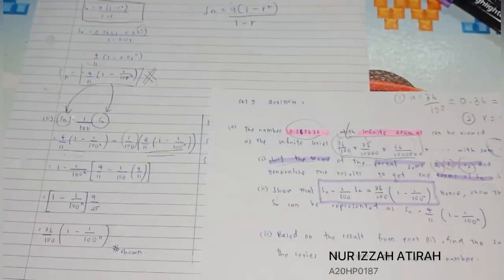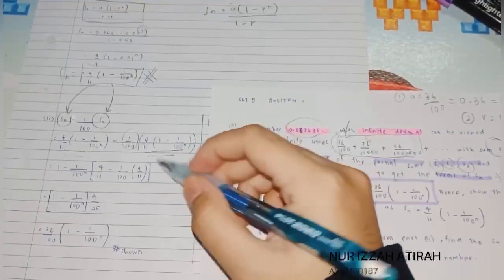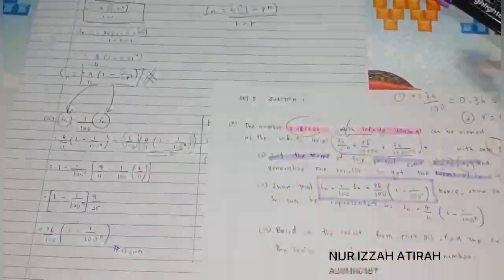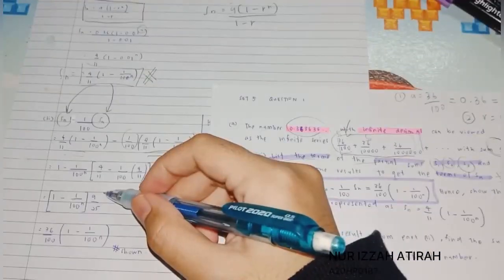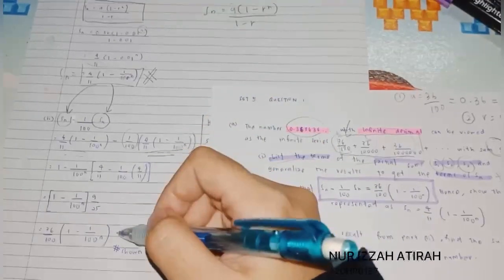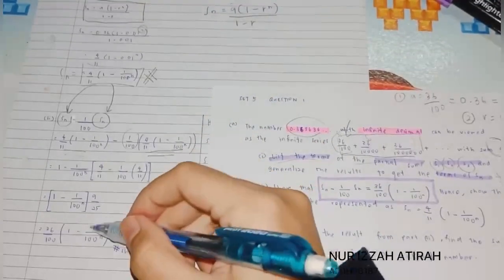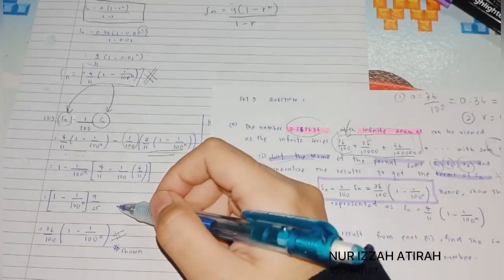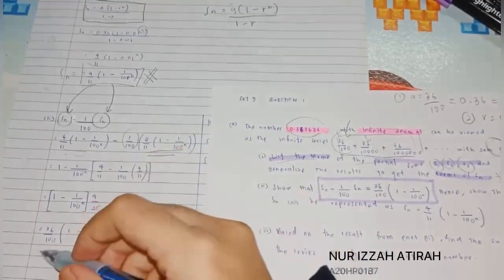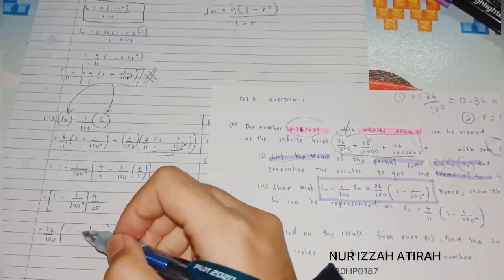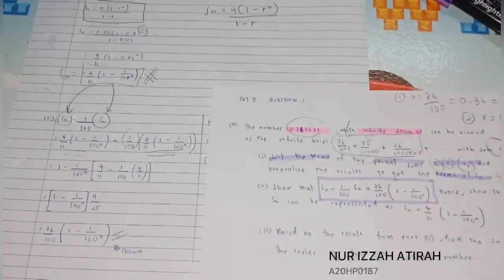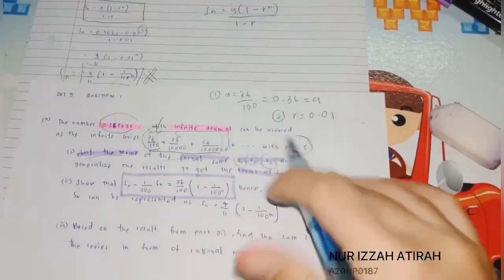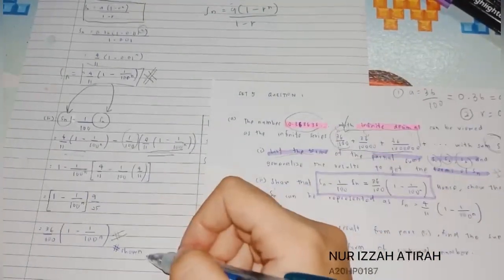Then if we calculate it, we will get that the answer is equal to 36 over 100 multiplied by 1 minus 1 over 100 to the power of n. The question is we need to show that it is the same. This is equal, so we have already shown it.